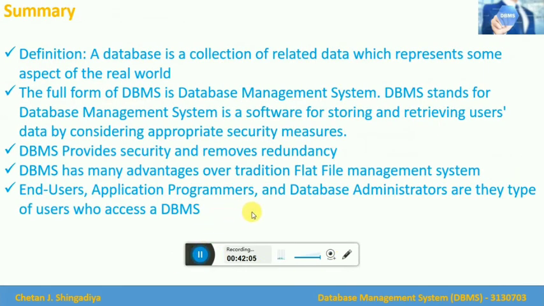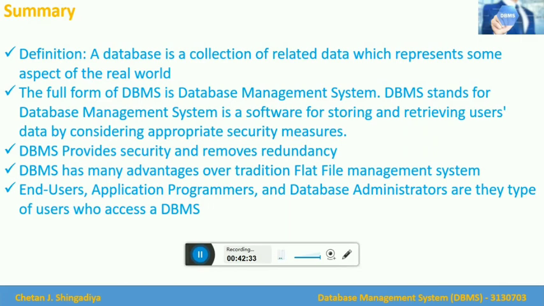So friends, let us summarize what we have covered in this video lecture till now. We have seen the definition of data and information. We have also seen the difference between data and information. Then we have seen the definition of database. Also we have seen the example. We have seen the definition of DBMS. We have also seen the advantages and disadvantages of database management system.